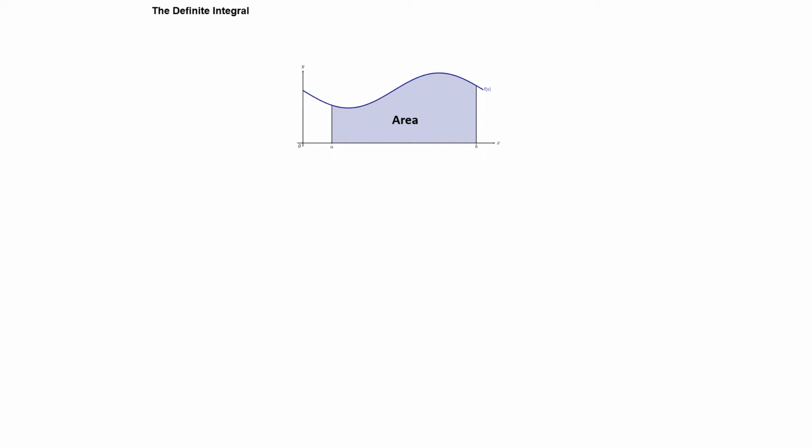One way to do this would be to approximate the area with rectangles. The area of a rectangle is equal to height times width. The width of each rectangle is delta x. And to find the height of each rectangle, we choose a sample point c sub k and evaluate the function at that point.